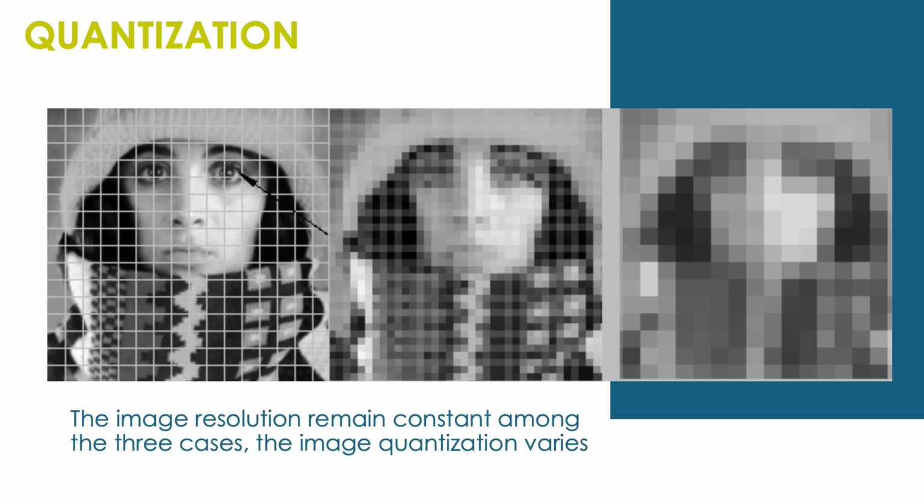In the picture, we can see an example of the same image where the resolution is kept constant and we change the quantization levels. The number of rows and columns remain constant, but with a different grayscale color depth.